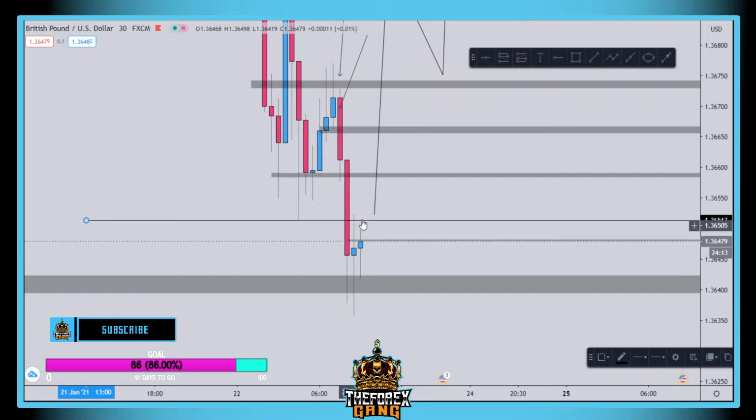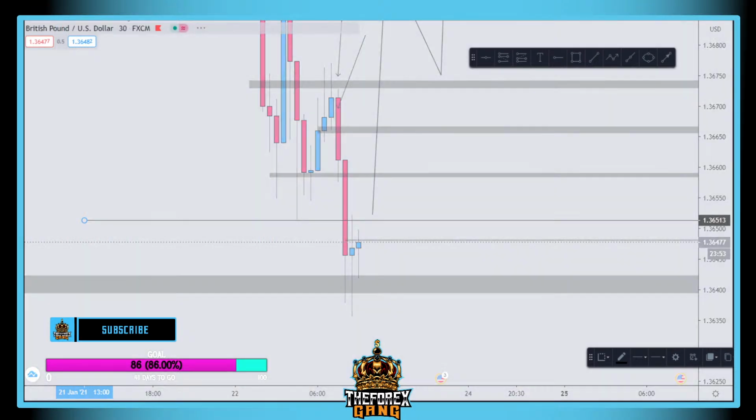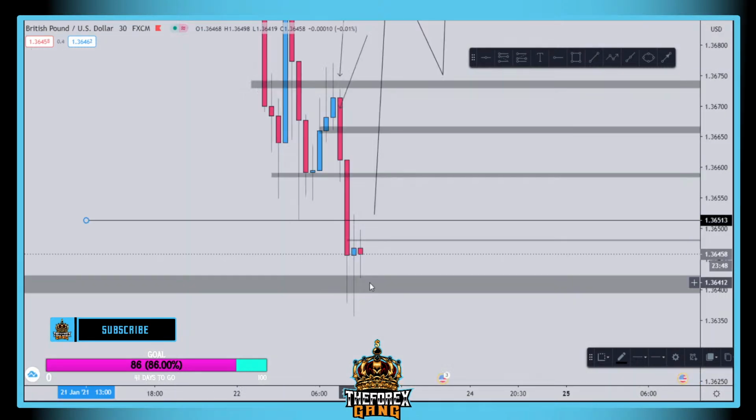So here, if this breaks above and closes bullish, I would enter for a buy, because then the 30-minute.